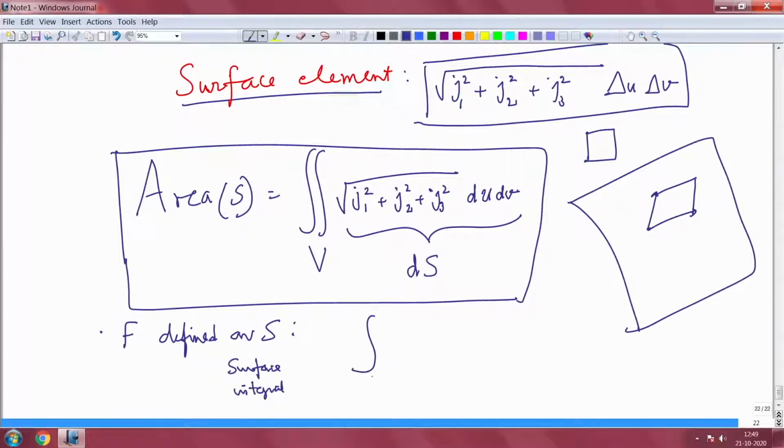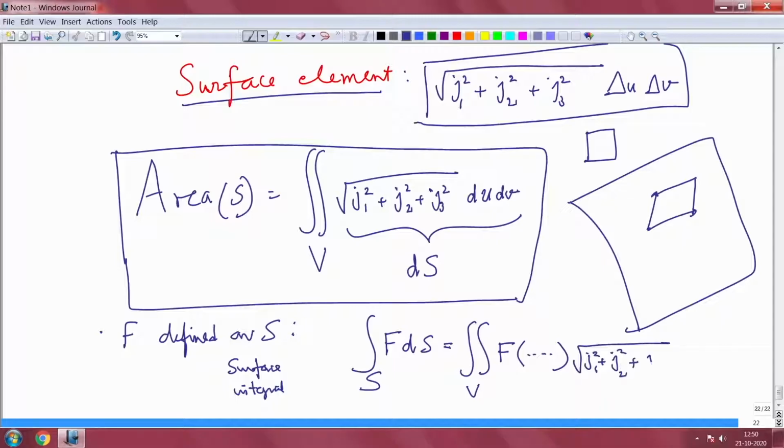The surface integral of f over S with respect to the surface measure is nothing but the double integral over V of f of (f u v, g u v, h u v) times the square root of J1 square plus J2 square plus J3 square, du dv.